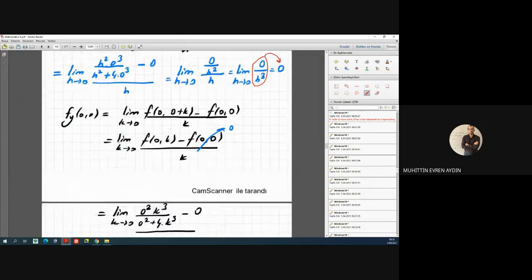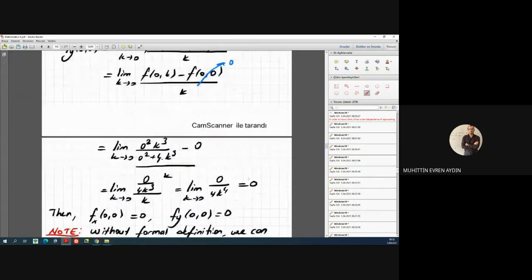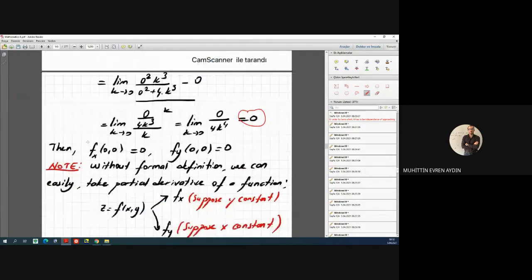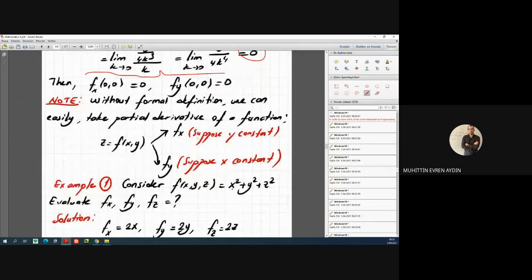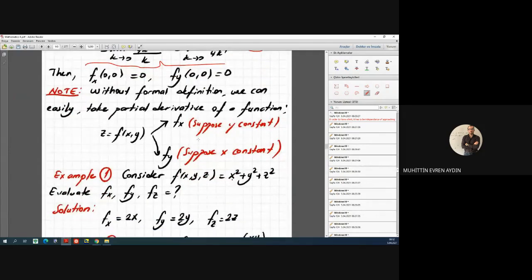And similarly, again, we obtain 0. Those are simple calculations. So our partial derivatives are 0 at the point (0, 0). And by the way, we may obtain the partial derivatives without the formal definition, and let's explain it in the next video.